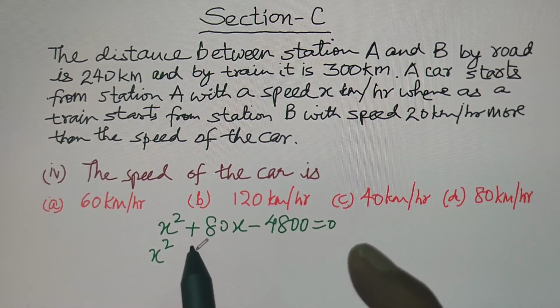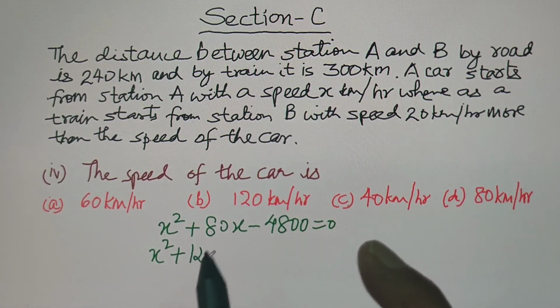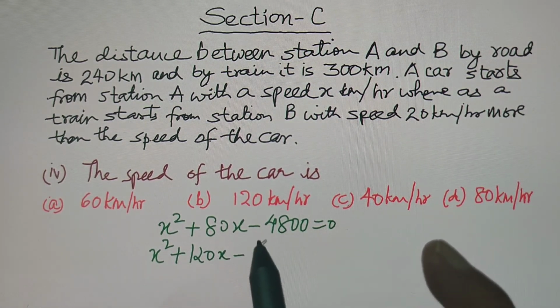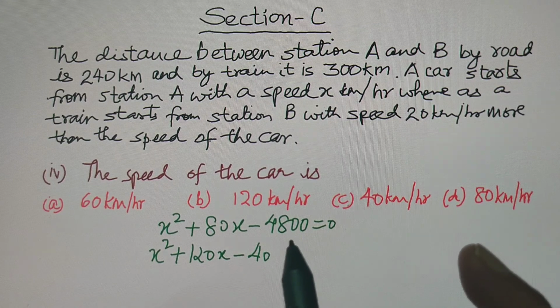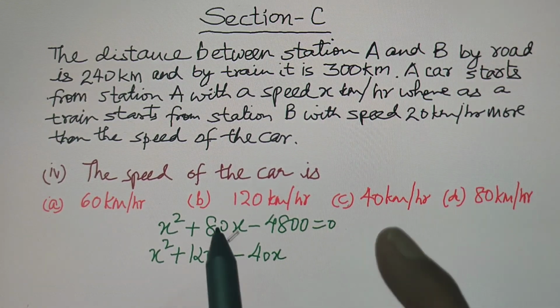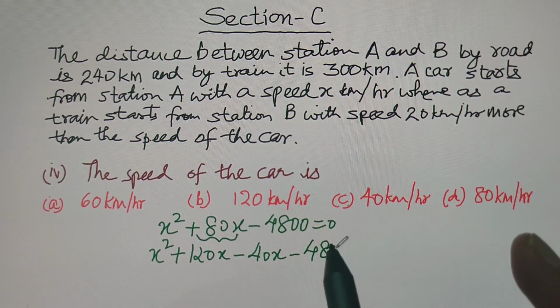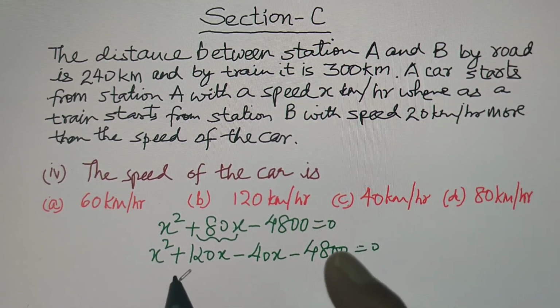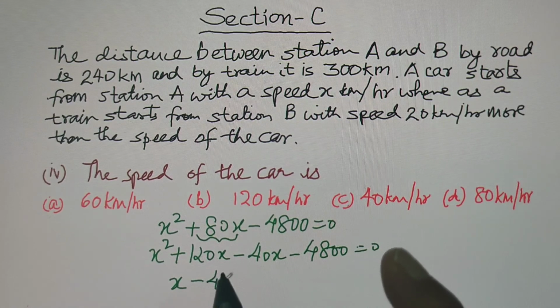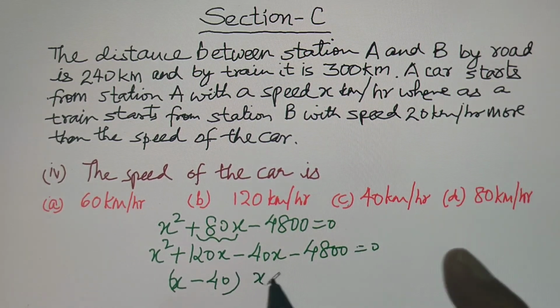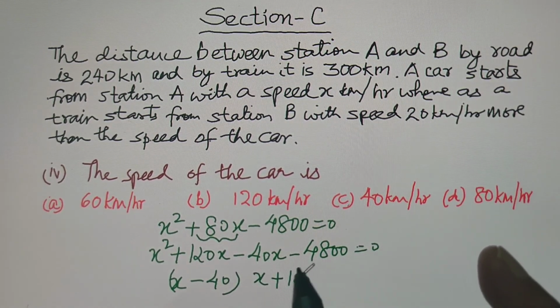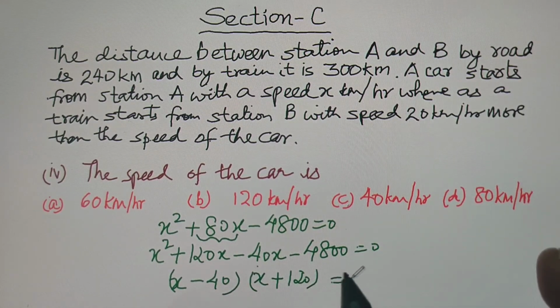This can be written as x square plus 120x minus 40x. You solve this, you get 80x, and we get x minus 40 and x plus 120, which is equal to 0.